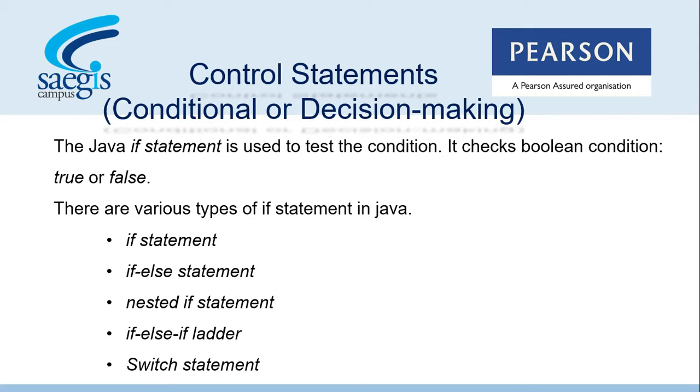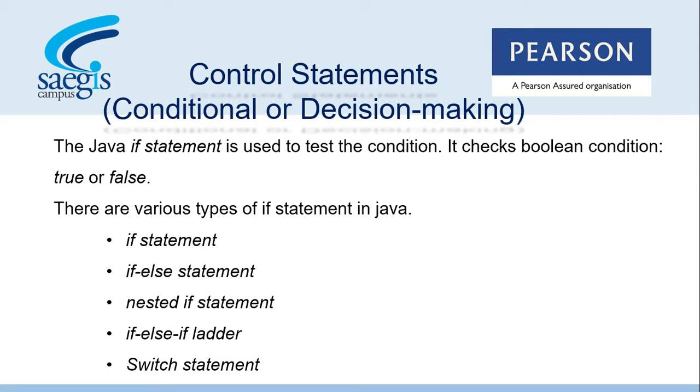At first we will see the conditional statements, or decision making statements. In Java, you can test some condition or a Boolean condition. We can have these statements: if statement, if else, nested if else ladder, and the switch statement.